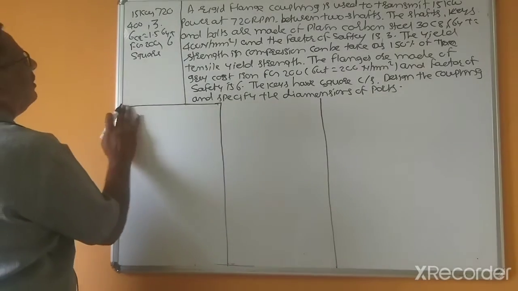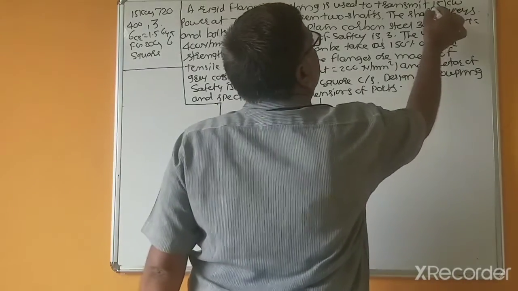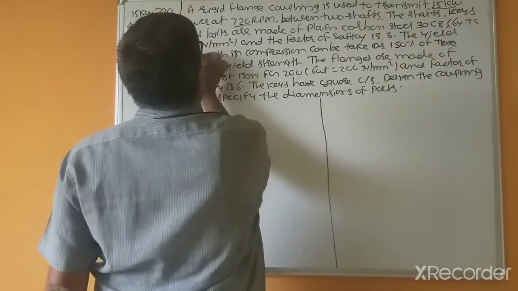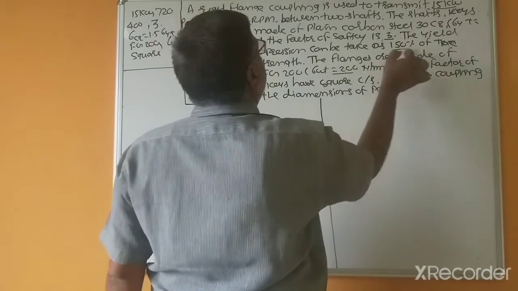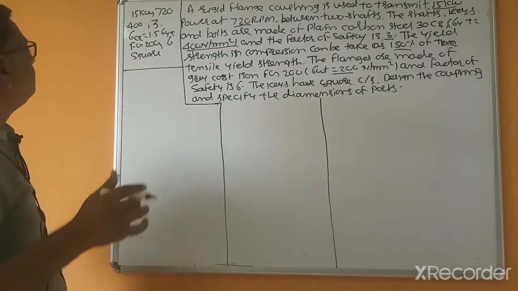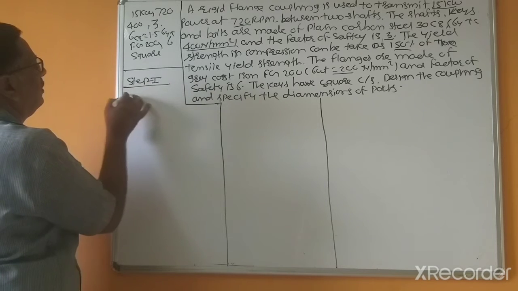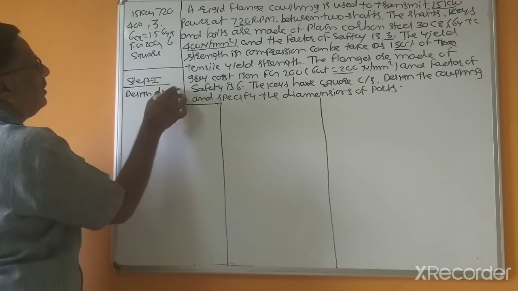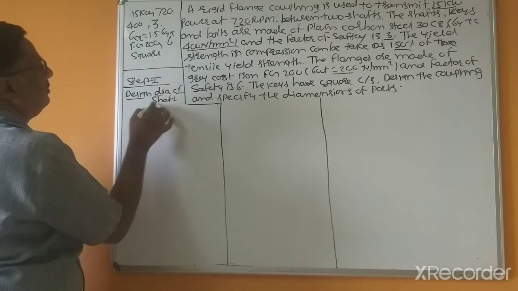Design the coupling. So this much is the data. I will check: 15 kilowatt, 720 RPM, 400, 3, 200, 150 and 6, sufficient. So first step, design the diameter of the shaft. First step, right?